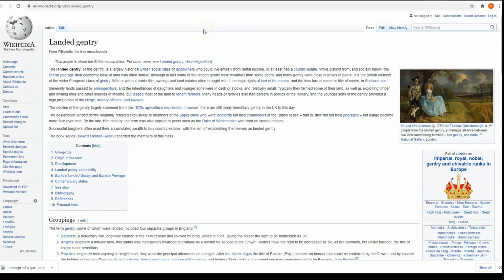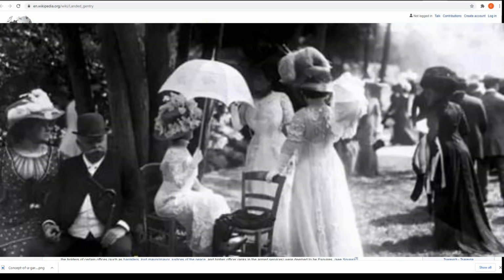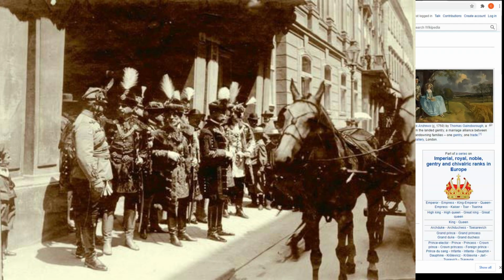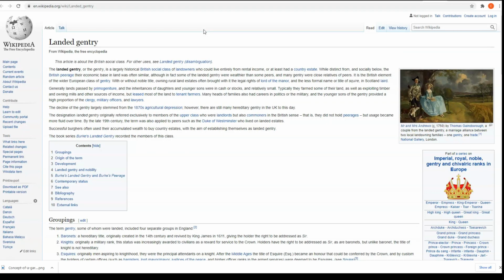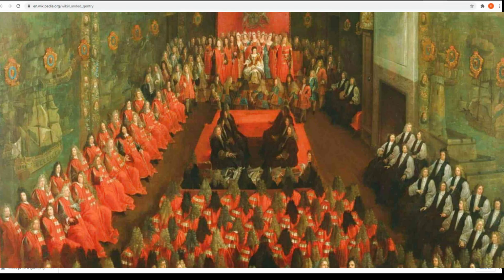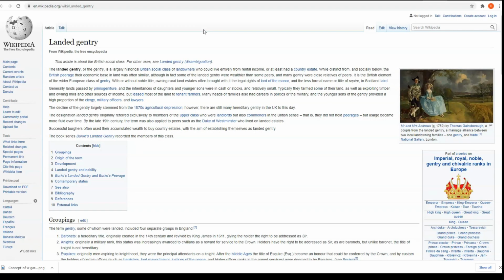The landed gentry, or gentry, is a largely historical British social class of landowners who could live entirely from rental income, or at least had a country estate. While distinct from and socially below the British peerage, their economic base in land was often similar, although in fact some of the landed gentry were wealthier than some peers, and many gentry were close relatives of peers.